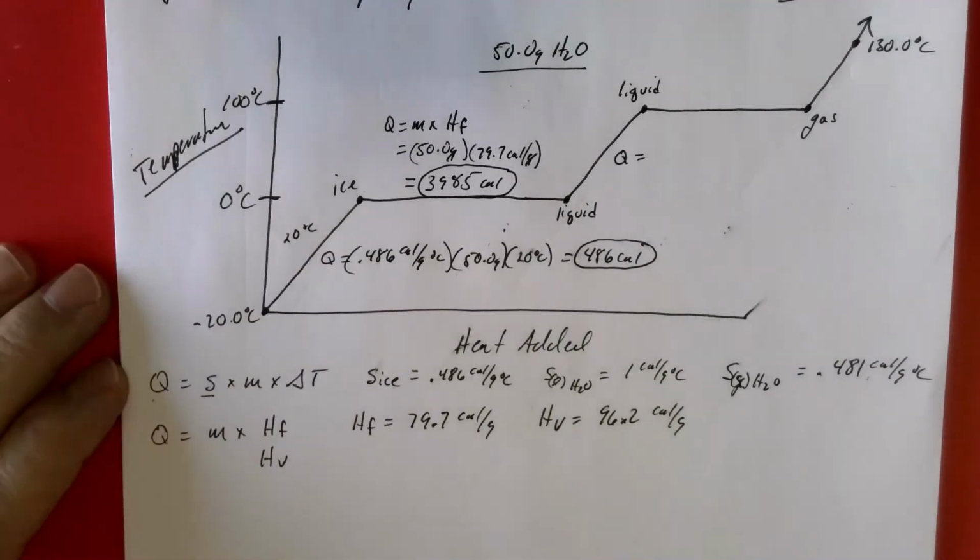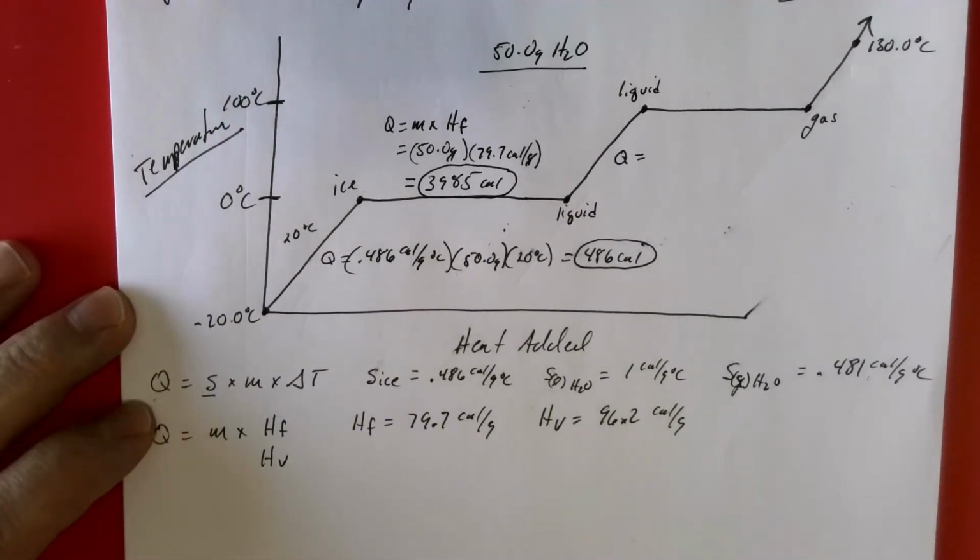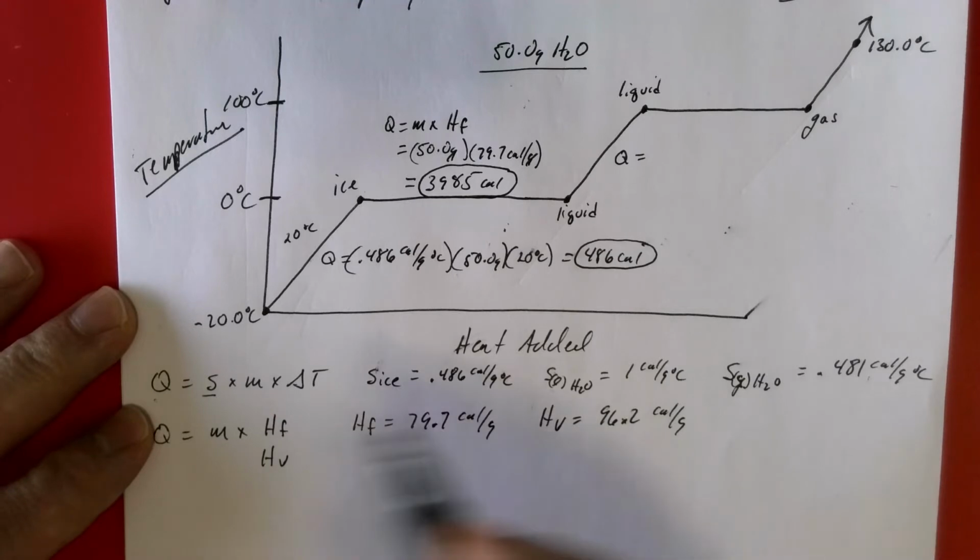Bella, you want to tell them what I have to remember here? Use the S that's for the liquid. Exactly, I got to use the S that's for the liquid, right?